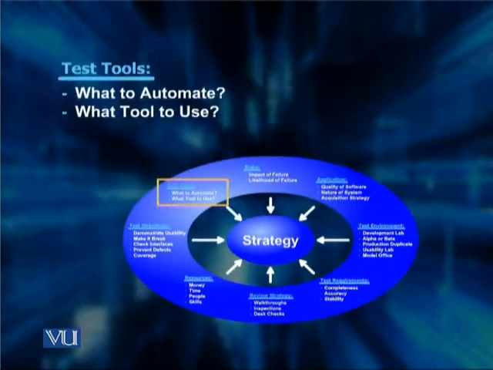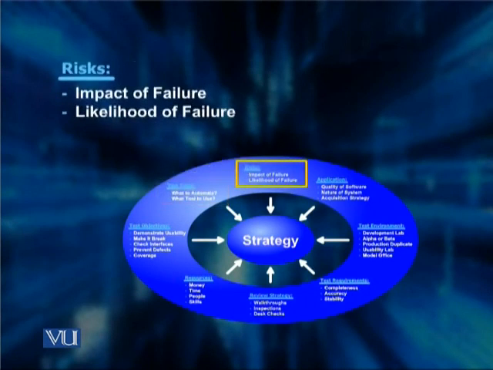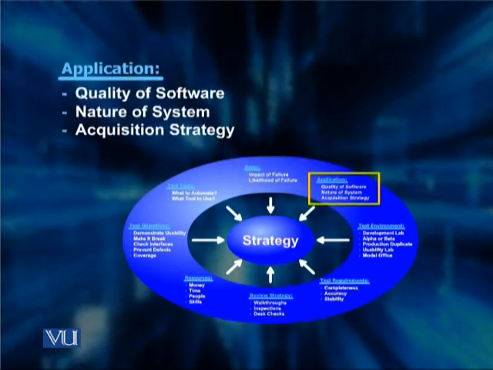The test tools, you have what to automate and what tool to use. Then you have risks. Under that you have impact of failure and likelihood of failure. Then you have application. Under application you would have quality of software, nature of system, acquisition strategy.